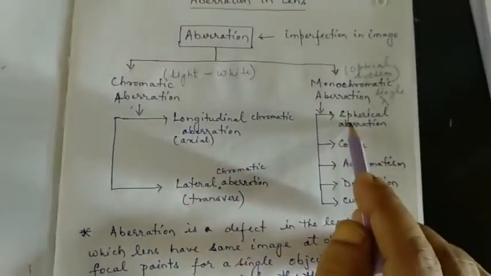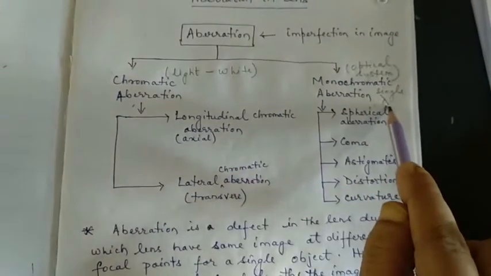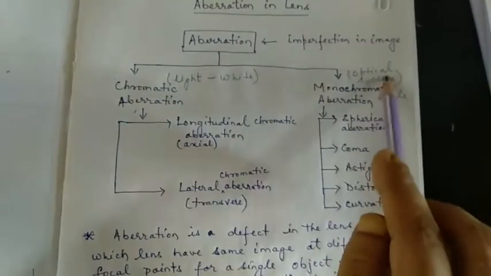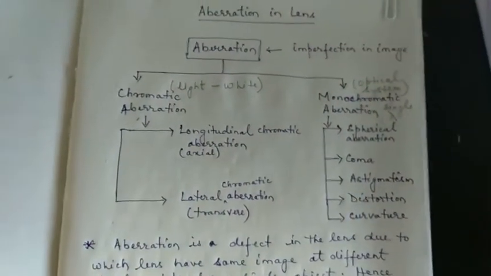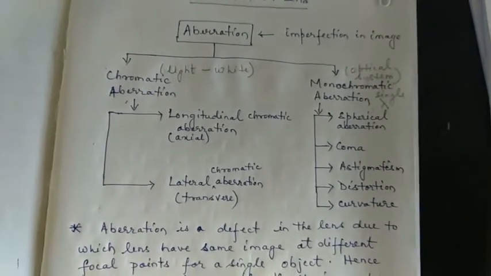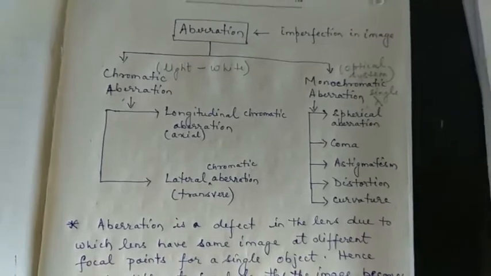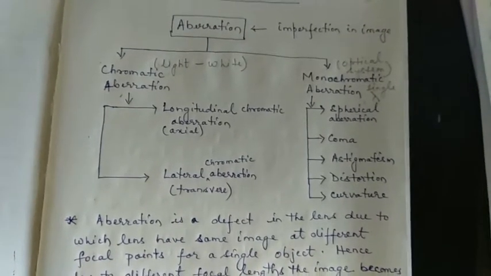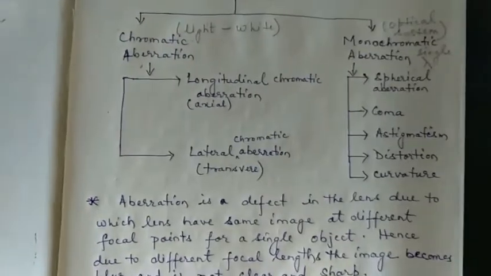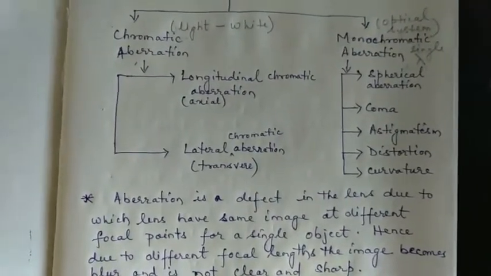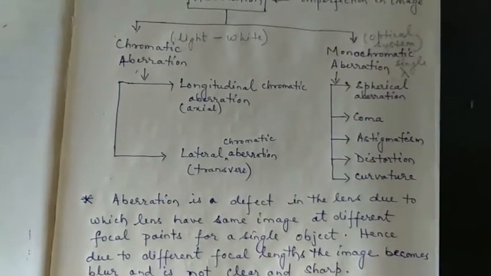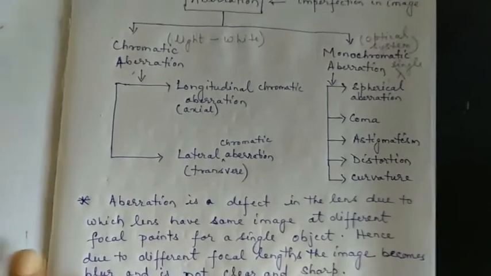Whereas in monochromatic aberration, we usually use single wavelength light, and it depends upon the optical system. Optical system in the sense that it depends upon the size of the aperture, the angle made by the rays with respect to the principal axis, and the object size. These are some of the optical system defects due to which we get monochromatic aberrations.